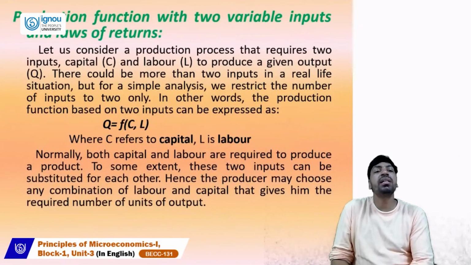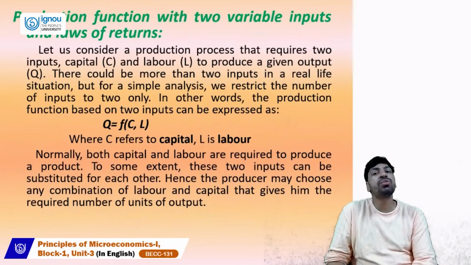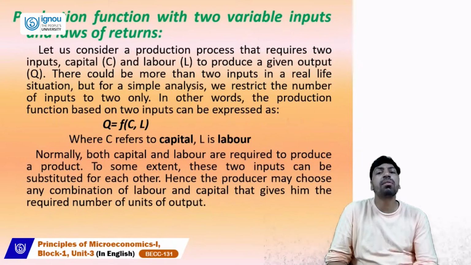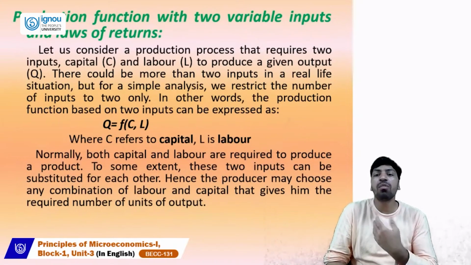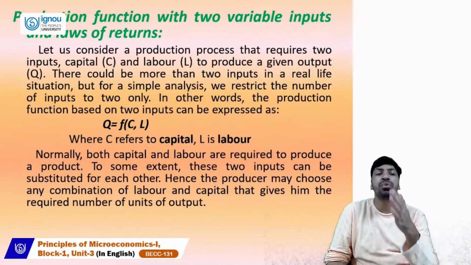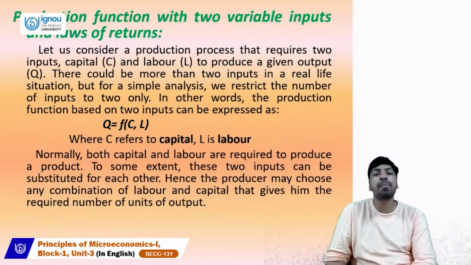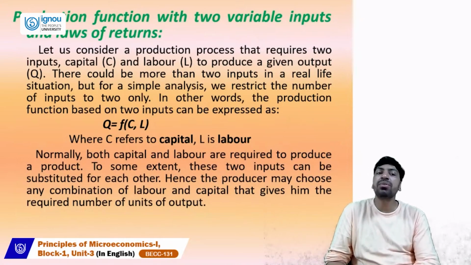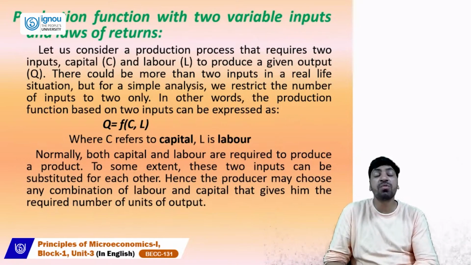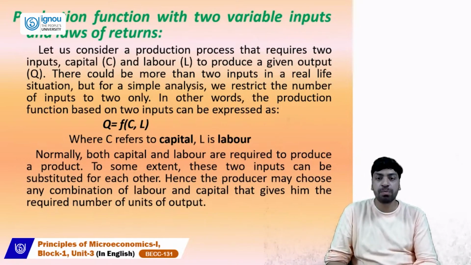The next one is the production function with two variable inputs in the law of returns. The production process always requires two main inputs, that is capital and labor. These are the two main inputs used to produce a given output.